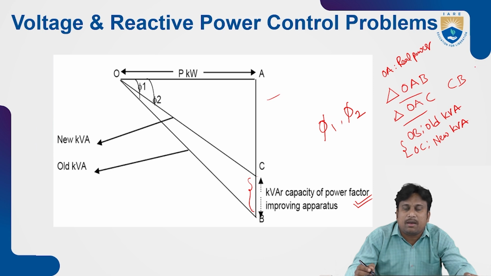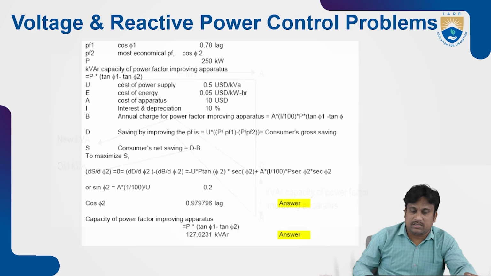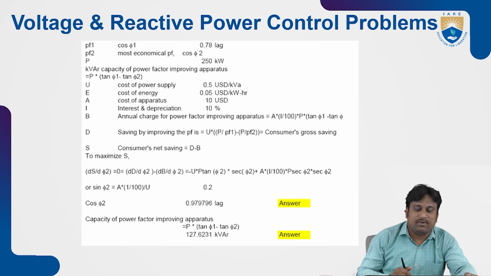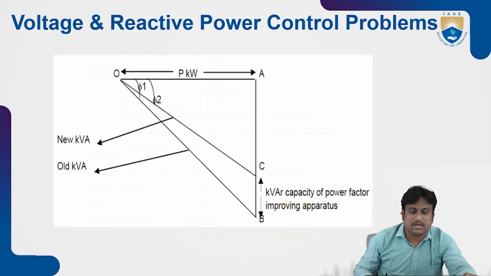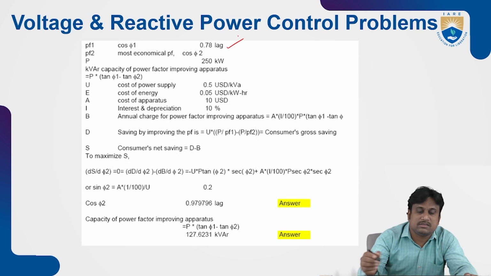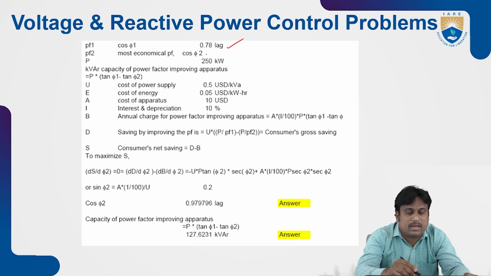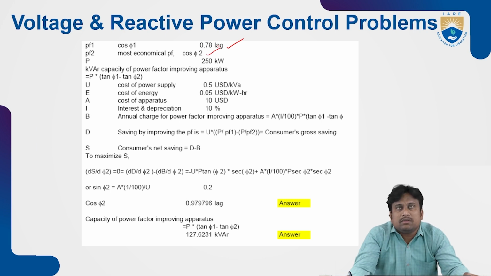With this analysis, we treat power factor 1 as cos phi 1, that is 0.78 lagging, and power factor 2 as cos phi 2. This is mostly economical in nature.